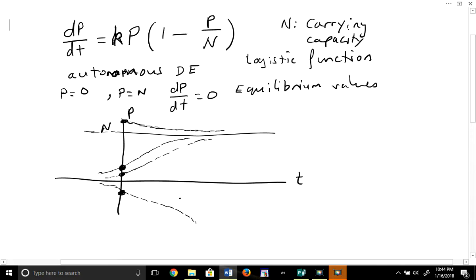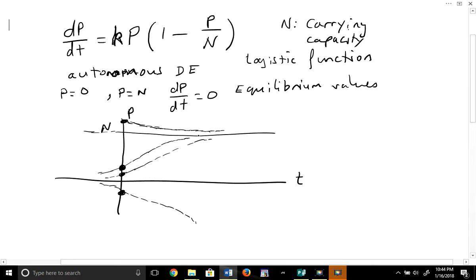There's a reason why these solution curves slope in this direction, and it comes from looking at dp/dt. That's the rate, the slope, for different values of p. And there's another way of determining it by finding the second derivative, which tells me the slope of the slope. We'll get there.